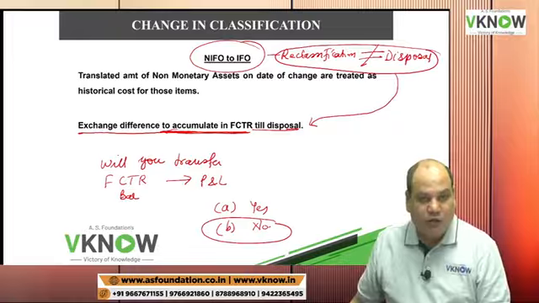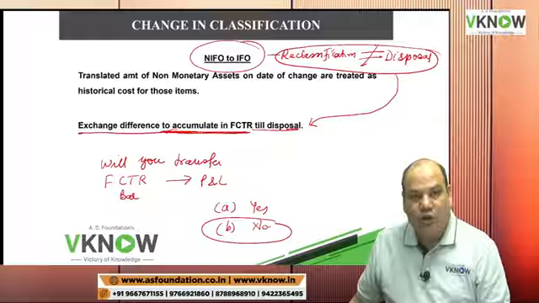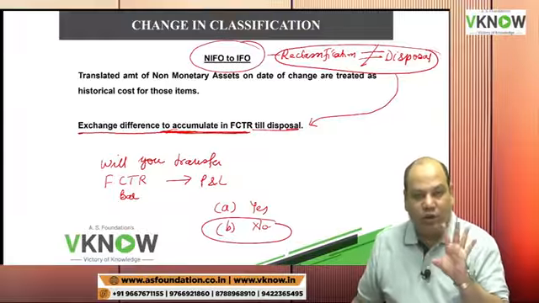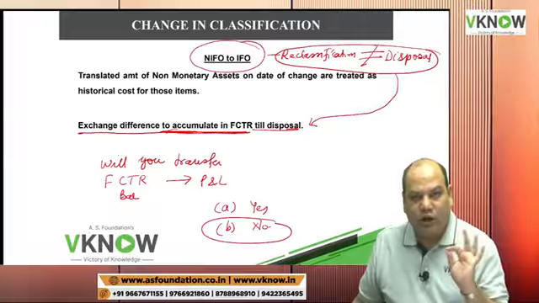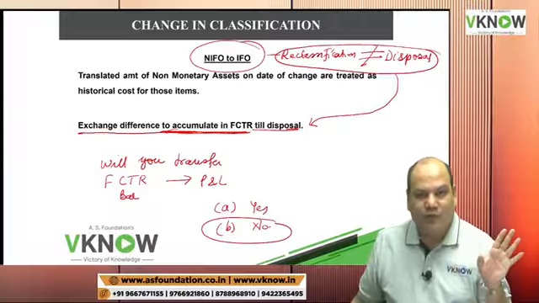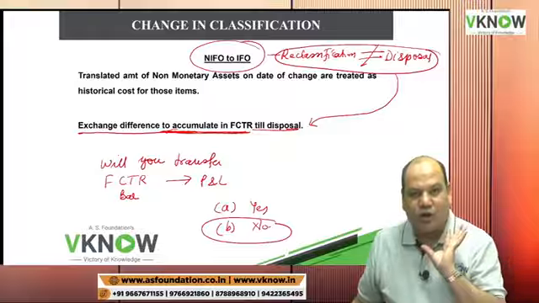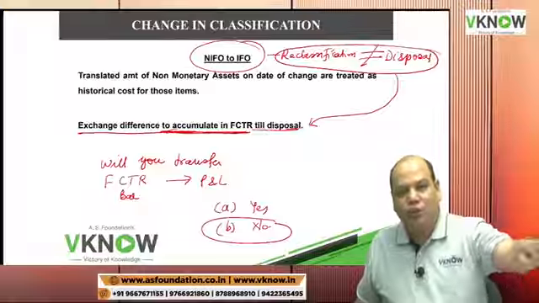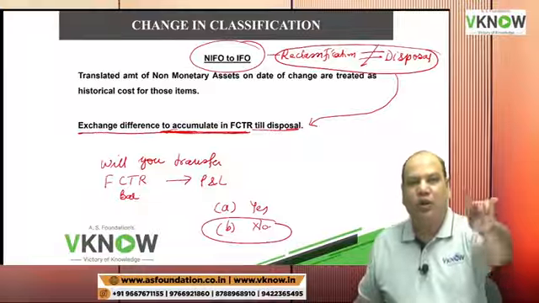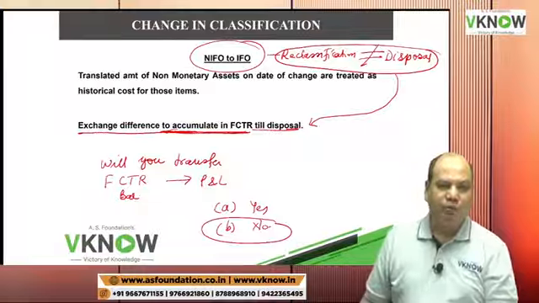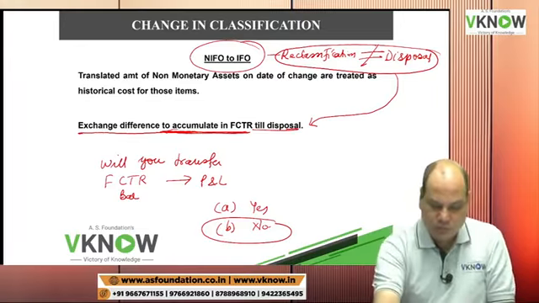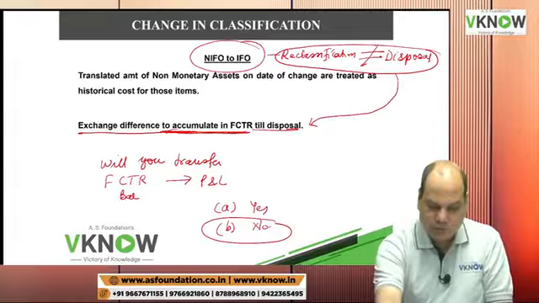So the interesting thing is that even though non-integral foreign operation is reclassified into integral, the standard says I will not allow you to transfer from FCTR to P&L account. Let it remain in FCTR only. When you dispose that foreign operation, that time I will allow you to transfer to P&L account, so that companies cannot take the advantage of this.